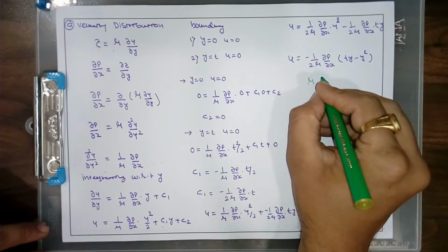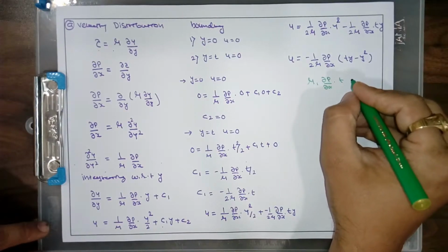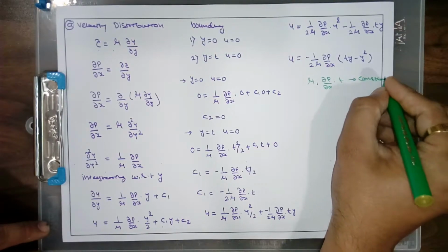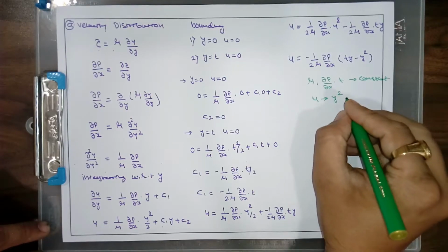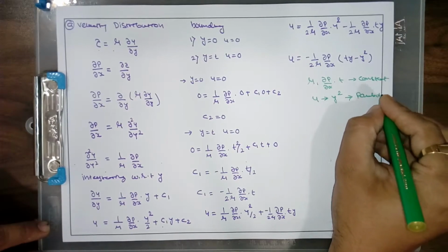See, mu is constant, del p by del x is also constant, and t is constant. These three terms are constant, so u varies with respect to y square, and that's why we get the parabolic profile.